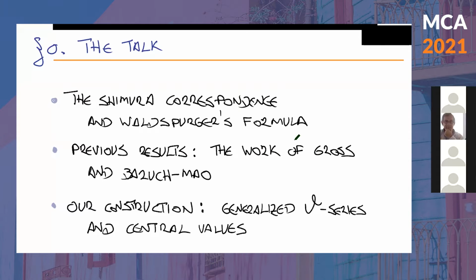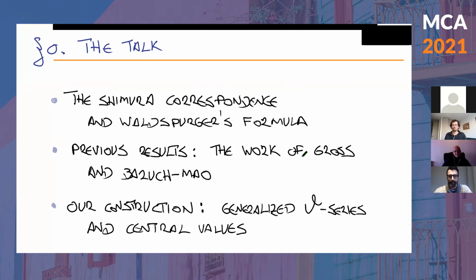This is a great result, but it's somehow incomplete because it's missing some discriminants. On the other hand, the work of Shin Mao shows how to obtain the twisted central values for every discriminant. But this result is not as explicit as Gross's because they do not use theta series.